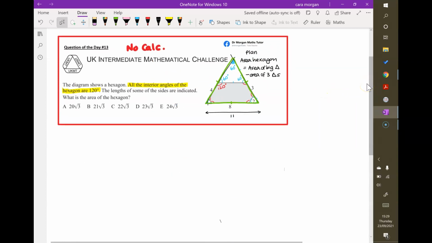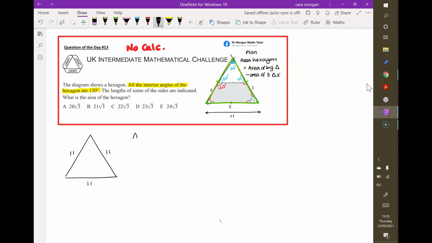Right, so let's look at the biggest triangle that I have in my diagram. The biggest triangle I've got is 11, 11 and 11. In order to find its area, I really need to do its base multiplied by its height and divide that by 2.